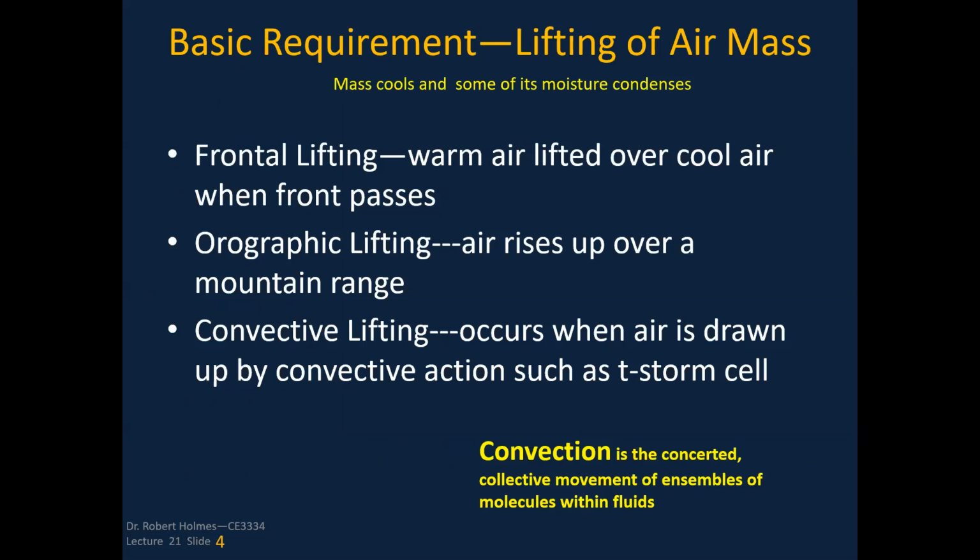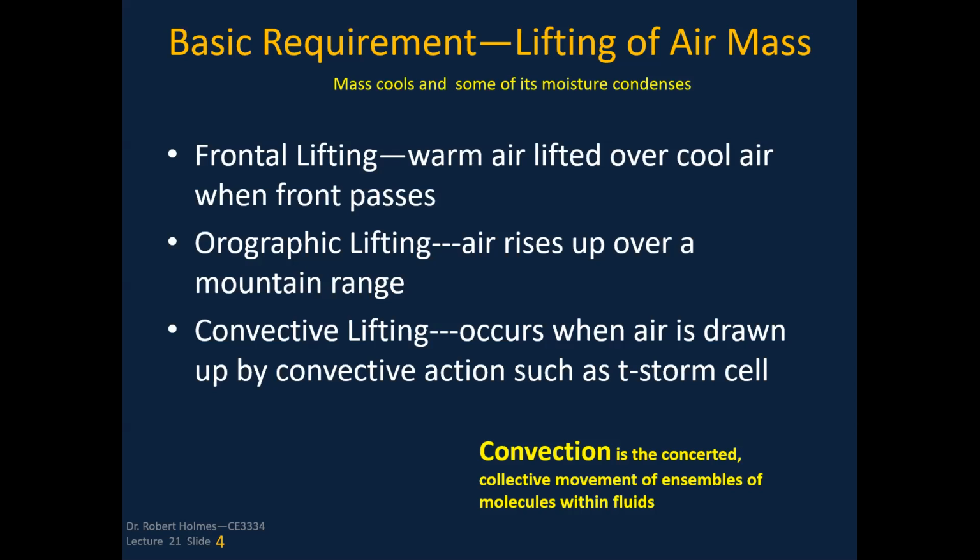One of the basic requirements of precipitation is lifting of the air mass. As a mass of air goes up in the atmosphere, it cools, and that cooling causes it to condense. Basically the droplets condense around the nuclei, and it falls as rainfall.